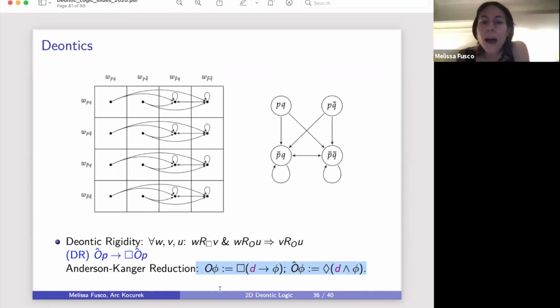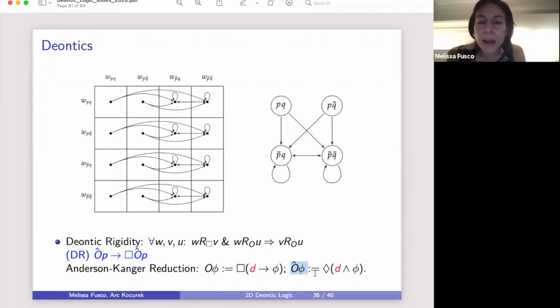So ought phi can be paraphrased using an atom D. D says something like, all requirements are met. So when I say ought phi, what I'm saying is that metaphysically, D entails phi. You have to do phi to wind up in the D space, the space where everything's good from every point of view.